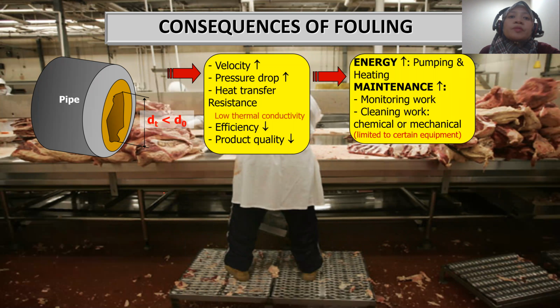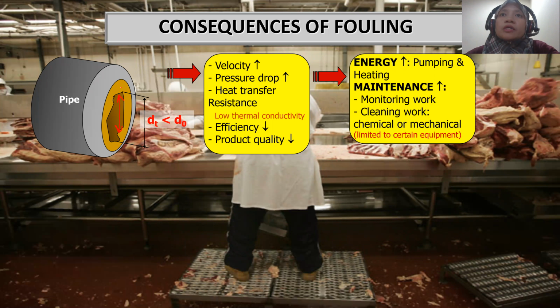These initial problems will generate other problems in production costs. Energy costs will increase as the pump will work harder to pass through the conduit that is becoming narrow. As I present, I'm using this pipe illustration to show.